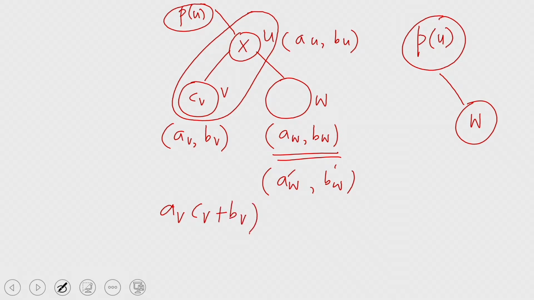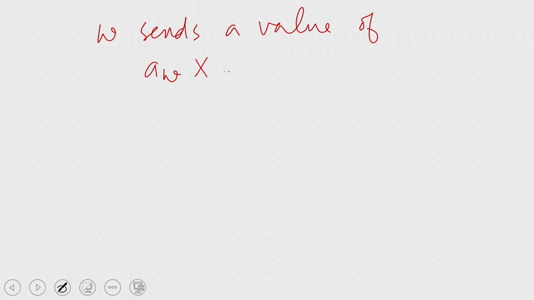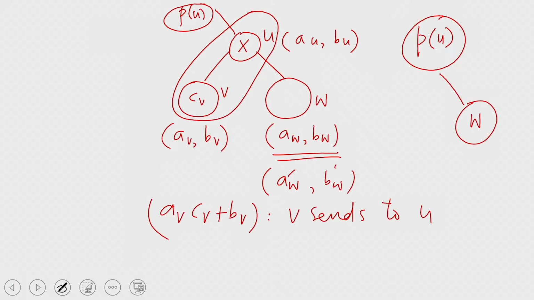This is the value that V sends to U. Let us say W sends a value of AW X plus BW to U. What we assume is that the subtree which is rooted at W evaluates to X. Then W will send a value of AW X plus BW to its parent U.